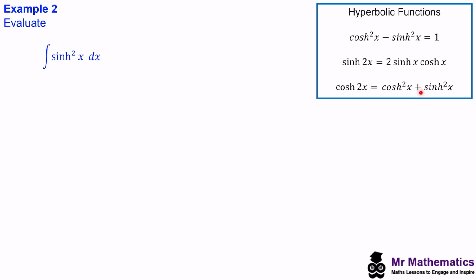And we'll begin by making the sinh squared of x the subject of this identity. So sinh squared x will equal cosh 2x minus the cosh squared of x. And now we need to write this cosh squared of x in terms of sinh squared of x, which we can do using this identity, where we'll make cosh squared of x the subject.